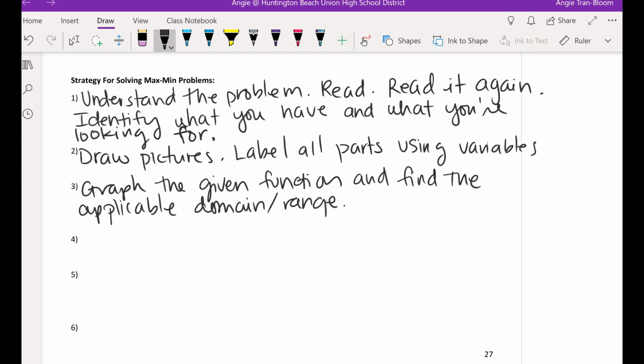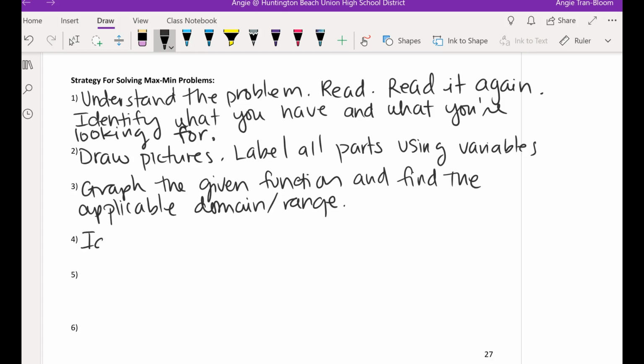Now, in an application, a lot of times you can't have negative values, so it depends on what kind of question, right? If it's talking about money, and if you have negative money, that's okay. It means you're losing, right? You're at a loss somehow. But if you're talking about time, you can't have negative time. So it really does depend on the type of question you're trying to answer.